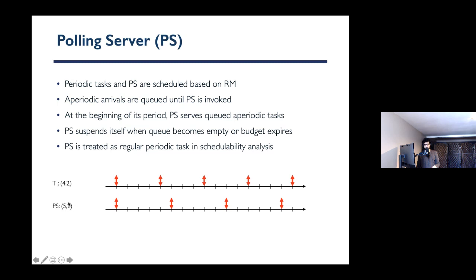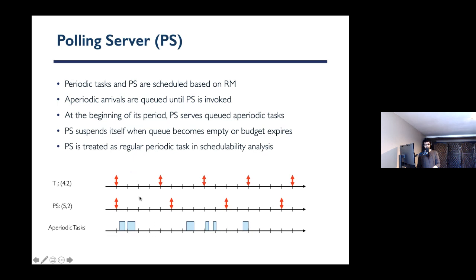This is the budget that I talked about, which is the worst case execution time. Now, let's say that these are the times that aperiodic tasks come into my system. They come randomly, last for some number of time units, and then go. Let's say I know that in hindsight.